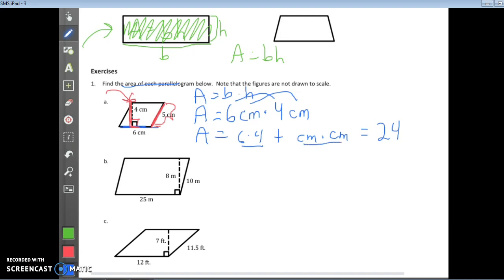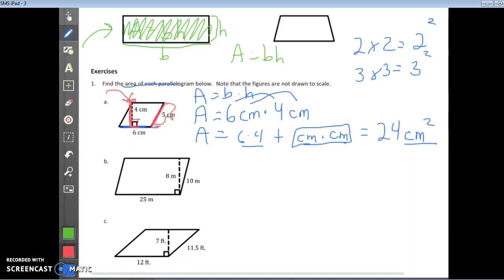And centimeters times centimeters is going to be centimeters squared. Because remember, 2 times 2 is the same as 2 squared. 3 times 3 is 3 squared. So centimeters times centimeters is going to be centimeters squared. That's how you do these problems.